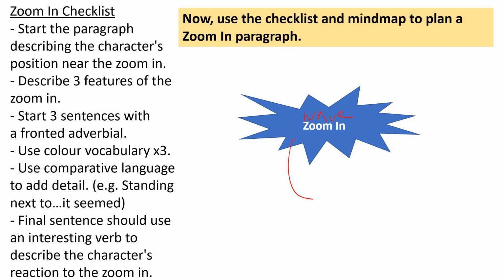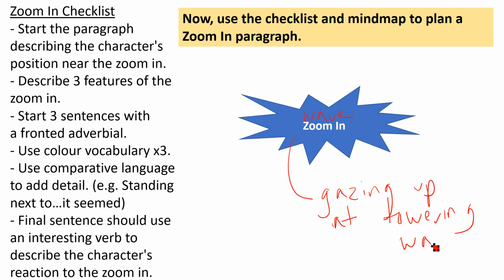So I'm imagining that my character is probably going to be in the train, in the carriage. So I'm going to say that they are gazing up at the wave. Maybe I'm going to write gazing up at towering wave. Again, that's shorthand notes there. You don't need to write full sentences.